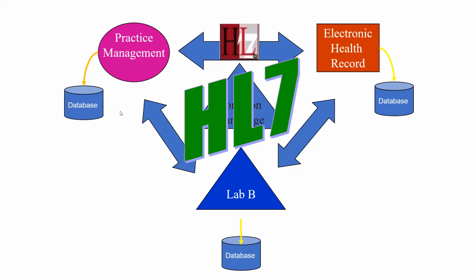So the amount of communication decreases a lot. If an interface without HL7 takes a year, an interface with HL7 takes just one month. So there is a drastic cut down in how HL7 has helped in terms of integrating faster, right?